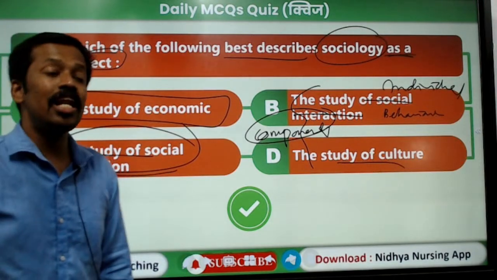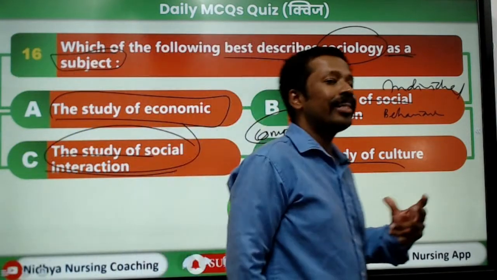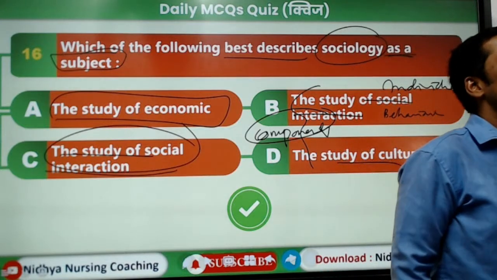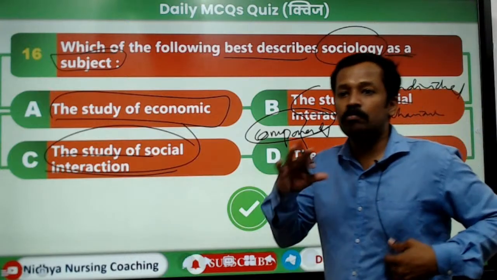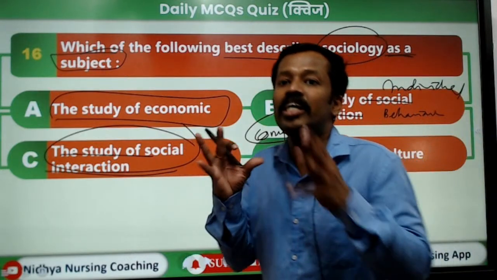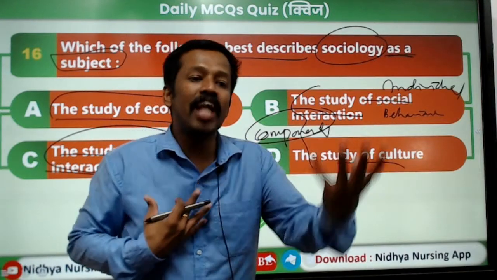We are studying it as a subject, meaning it is a science of or study of social interaction. Sociology is a science of social interaction. Culture and individual behavior are components.